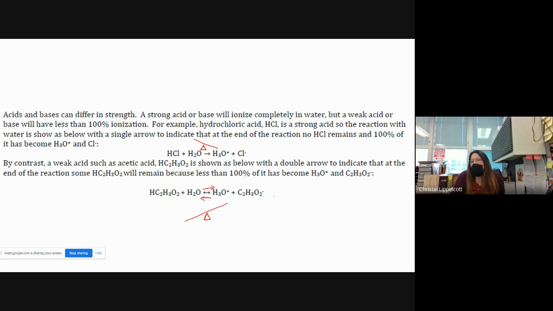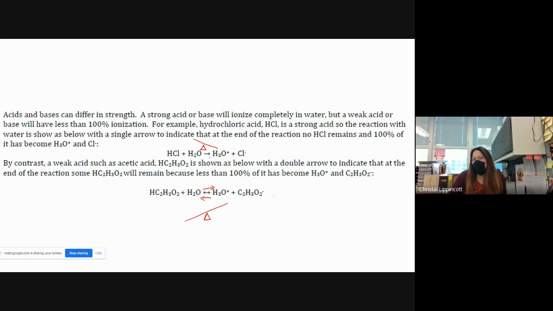Okay. So her question was how can you look at this and tell if the acid is weak or strong? First of all, you will get to the point, and it is today, where you're going to memorize a list of strong acids and bases. So that is clue number one. Clue number two, and even easier than that, is you look at these arrows.